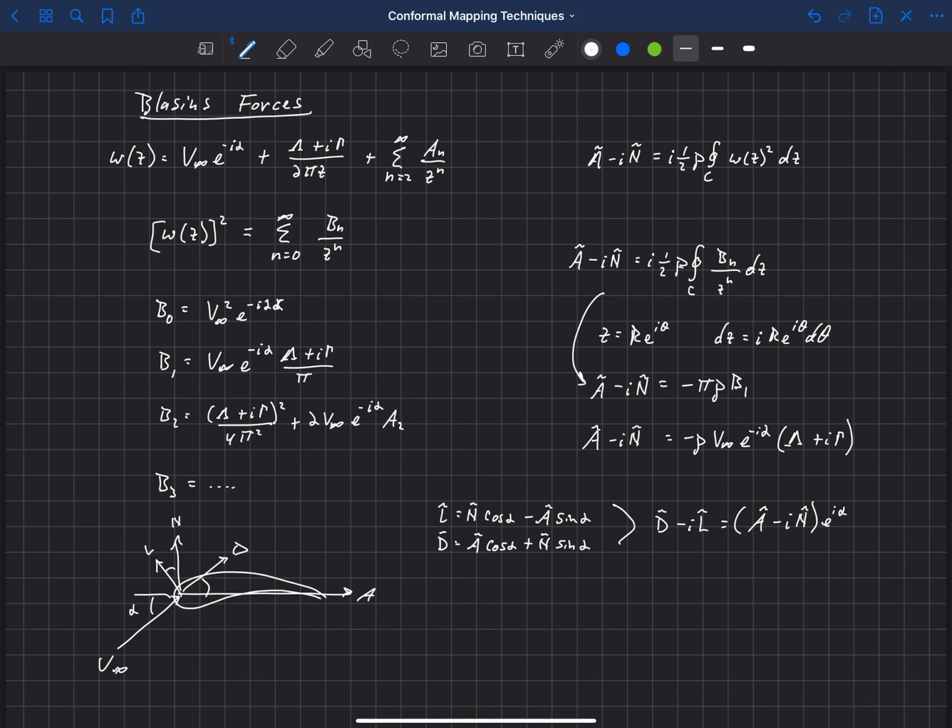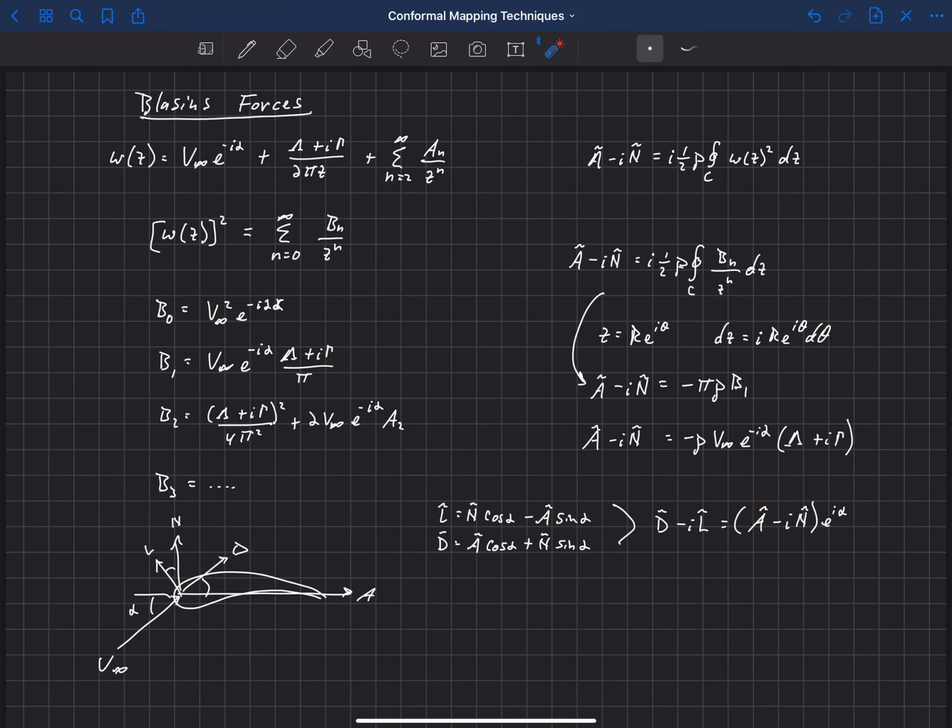The e to the i alpha gives us the sines and the cosines that we need in here. And so this is just a complex form of this same set of equations that relates the lift and the drag to the axial and normal. Well, so now let's substitute this in for the axial and normal.